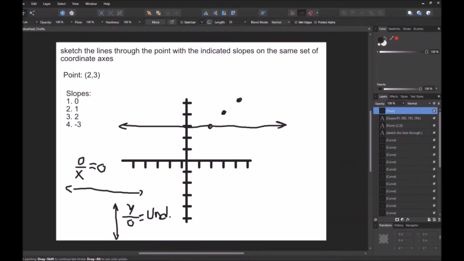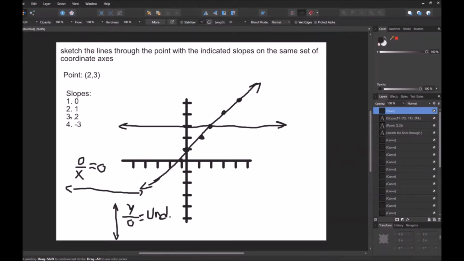And even on the negative side, we're going to go down 1 to the left 1, and we're still maintaining that 1-to-1 ratio. We're going to go down 1 to the right 1, down 1 to the right 1, and so on and so forth. You can fill in the rest of these dots on your own, but for the sake of time, I'm just going to stop right there and sketch this graph like this.